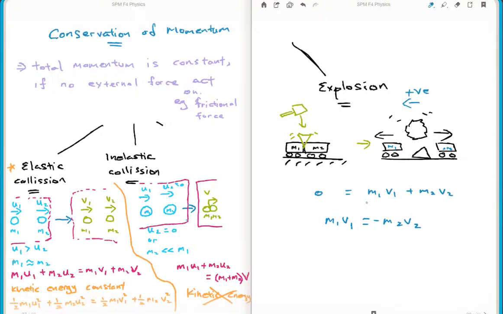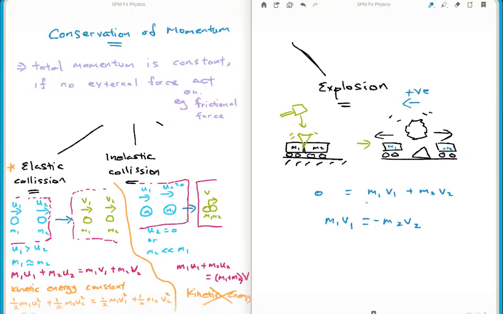There are quite a lot of examples. All you need to do is pause this video and go through the exercise. Look at it as a system, and then where it goes after that. For conservation of momentum, there are some applications.